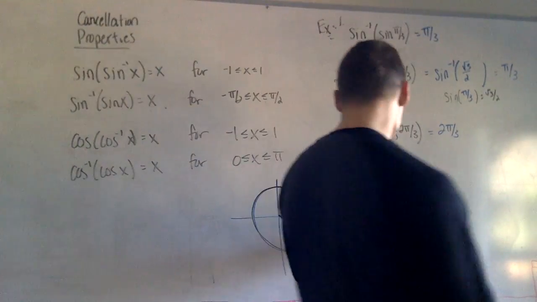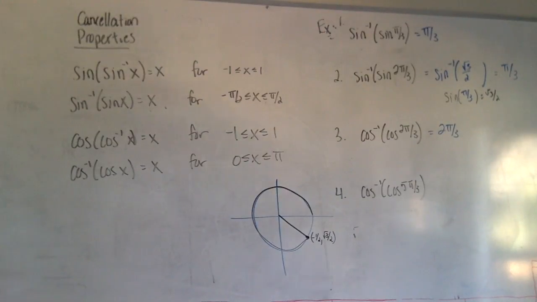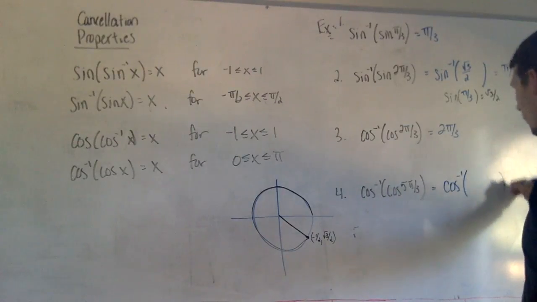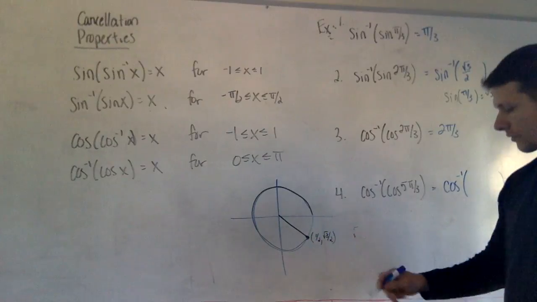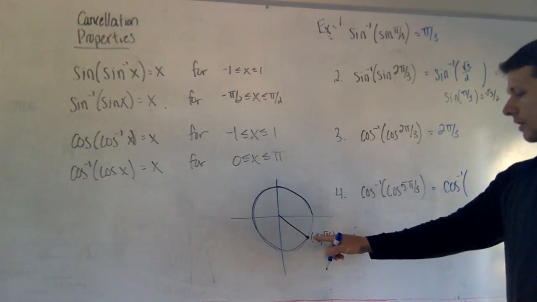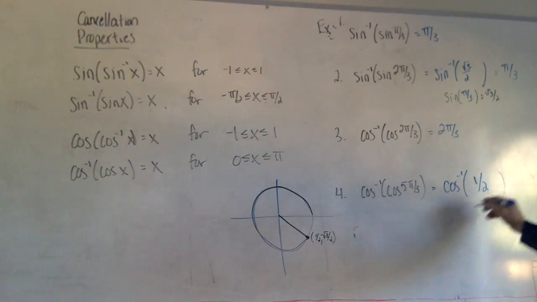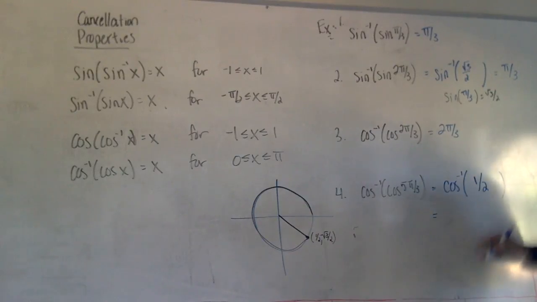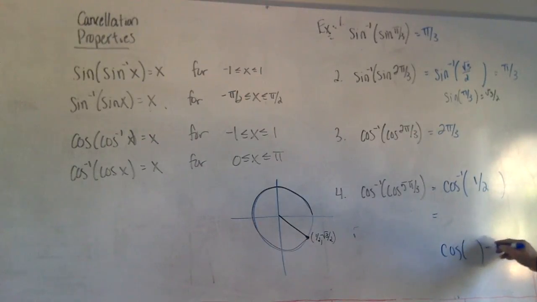So I know I can't just simply use my cancellation properties, so what I'm going to do is realize that this is equal to cosine inverse of the x-coordinate here. Excuse me, positive 1/2, negative root 3 over 2, I wrote that wrong. What's the x-coordinate right there? It's 1/2, so I want cosine inverse of 1/2. I'm looking for some number whose cosine equals 1/2.